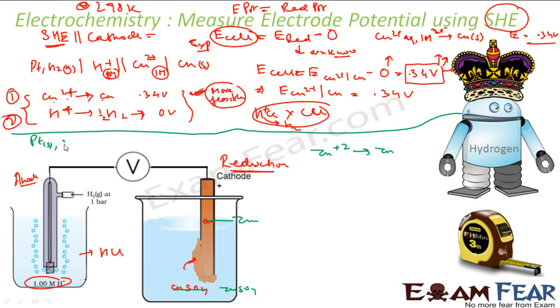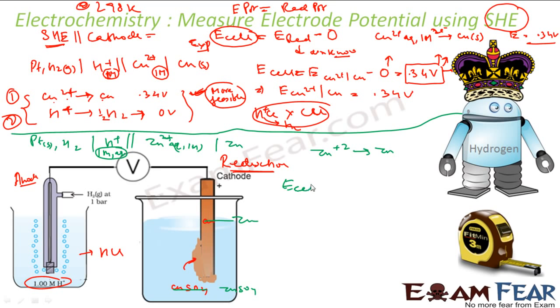My platinum surface, my hydrogen gas of 1 mole becomes H+ of 1 mole, double bond my Zn2+ of 1 mole will become zinc. This is 1 mole like this. This is a reaction, and this is the whole representation of the cell.